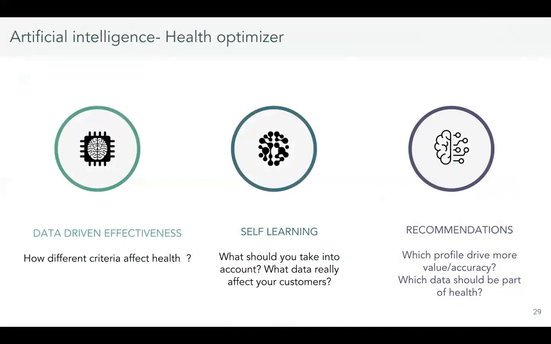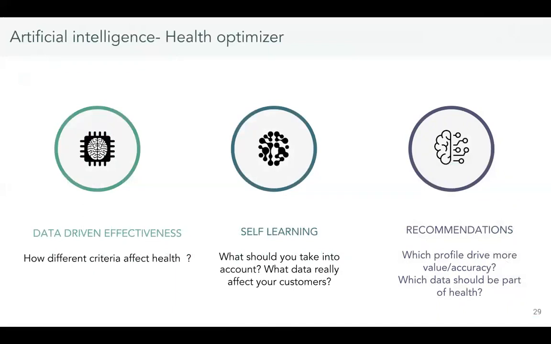And based on that, our AI algorithm will understand how you should include those attributes as part of the poor health criteria in the health profile. Same will be done in order to understand which attributes influence the most renewal and upsell, and how to leverage those in order to create the right health profile for good health.